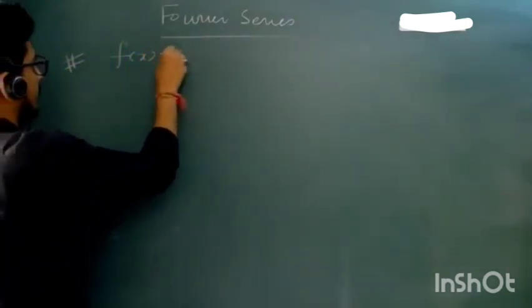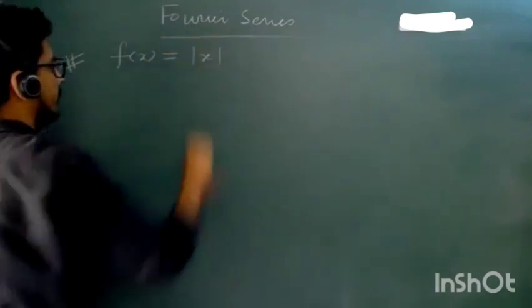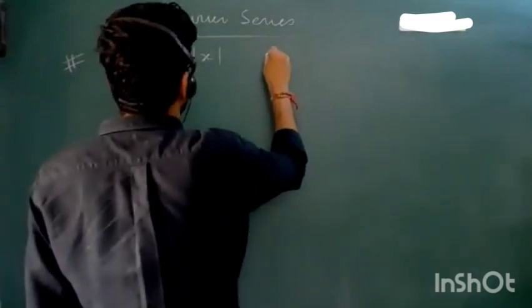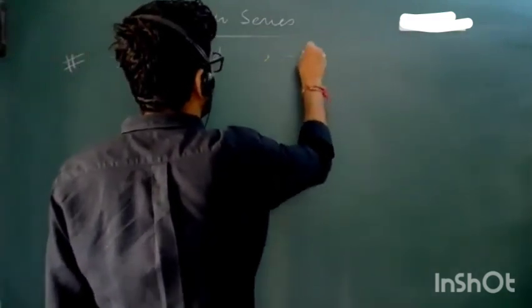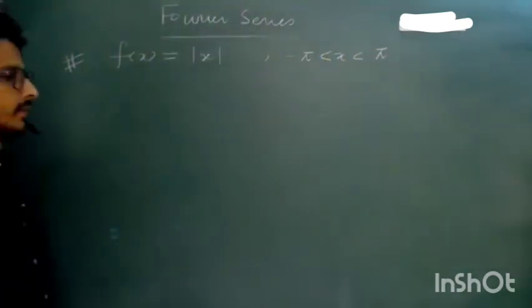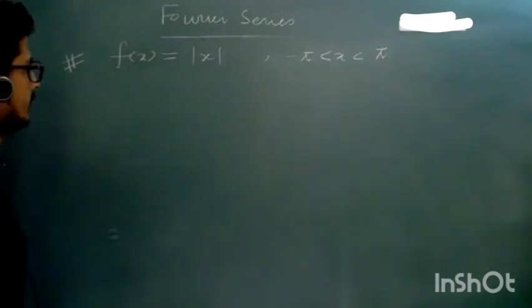So this was a question in which I have applied the concept which I have told you. And now suppose I take a function f(x) = |x|, where the value of x is between -π to π, and we have to write the Fourier series for this.